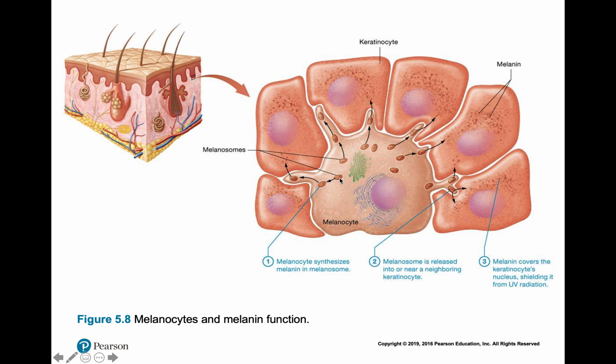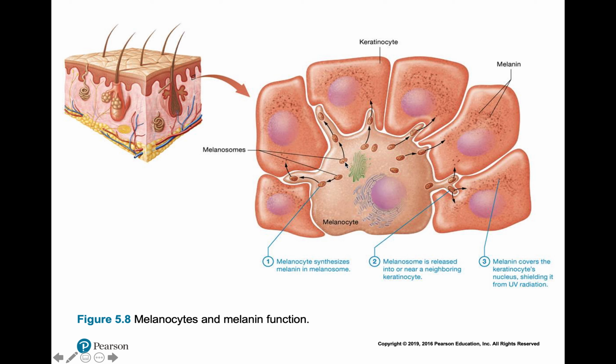Within that melanosome, you'll have the enzyme tyrosinase, and lots of tyrosine amino acids. Tyrosinase will catalyze the chemical reactions necessary to convert tyrosine, the amino acid, into melanin, the pigment molecule. So these melanosomes contain lots and lots of melanin.